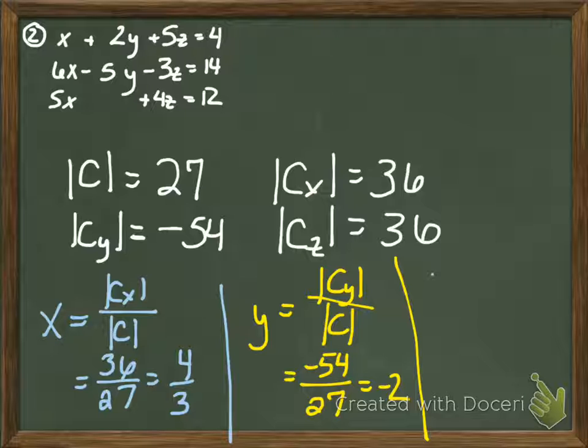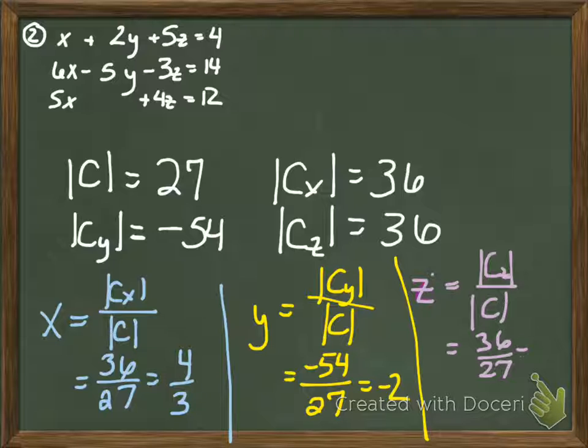And then the last one is Z, which is CZ divided by C. So CZ is 36 divided by 27, which is 4/3.